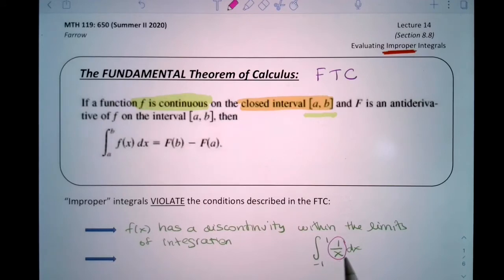And you've certainly evaluated this integral before, but this would be an example of what I mean. There is a discontinuity on this particular function. There's a discontinuity at x equals 0. So that is a problem. While you have certainly come up with the antiderivative of 1 over x dx, you've never used these particular limits of integration before. So we're going to discuss how to handle that.